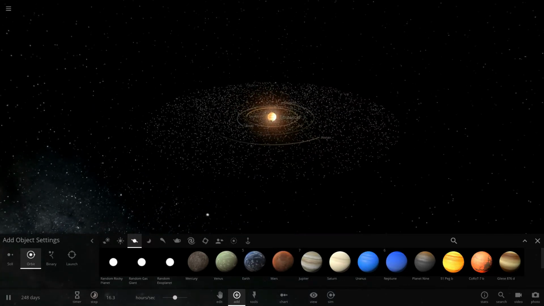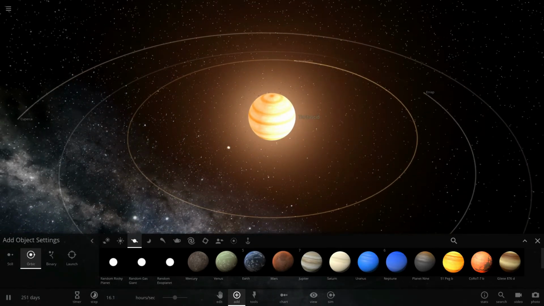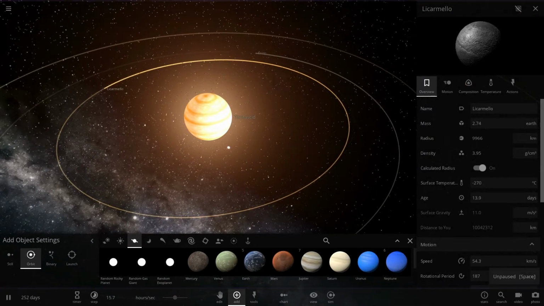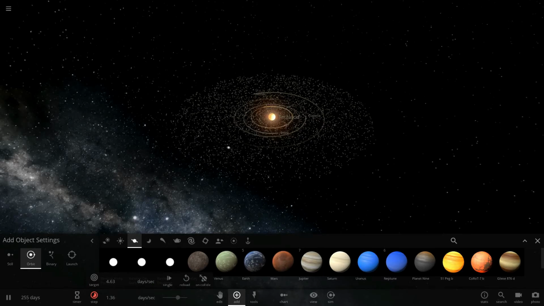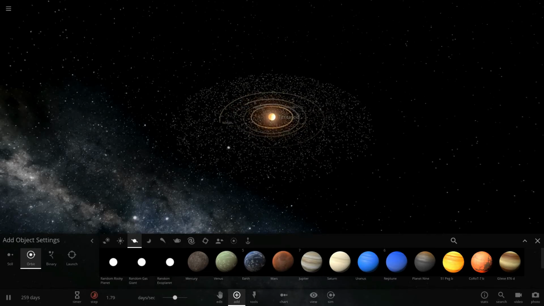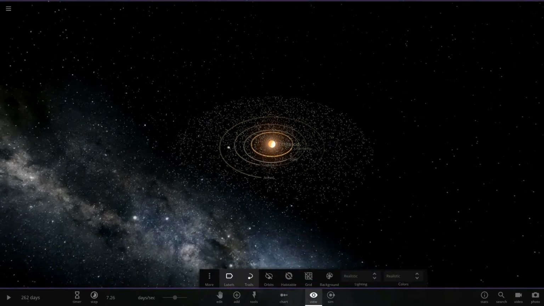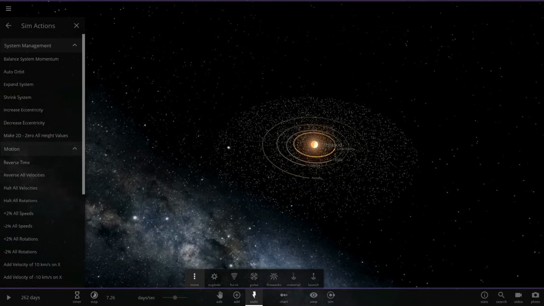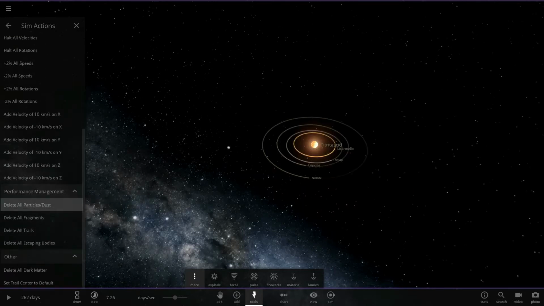So they will vacuum up the materials closest. So we're gonna, that's good. So we're gonna just let this run for a little while. I might actually just redo the ring. Delete all particles and dust.